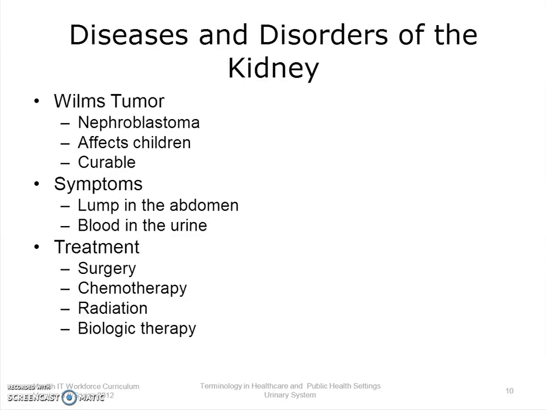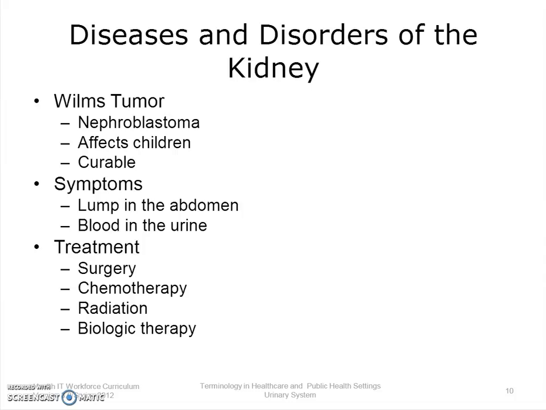Wilms tumor is a rare type of kidney cancer that affects children. It is also referred to as nephroblastoma. It causes a tumor on one or both kidneys. Having certain genetic conditions or birth defects can increase the risk of developing Wilms tumor. Children at risk should have follow-up examinations every 3 months.